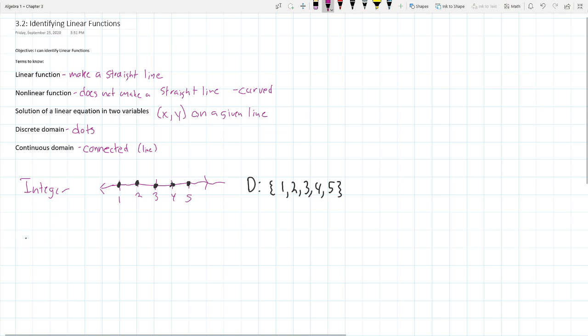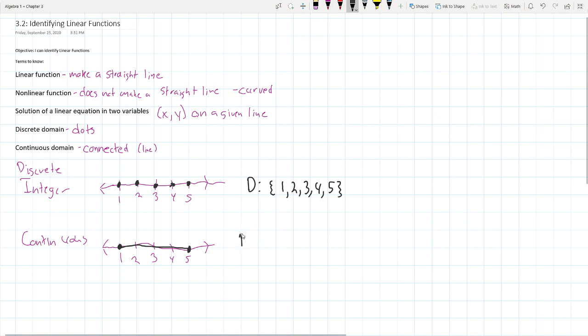The next one that we have is a continuous domain, and this was a discrete. A continuous domain is something like all numbers from 1 to 5. If I have that same graph, and I go 5, 4, 3, 2, 1, and I do my little tags up here, all numbers from 1 to 5, I start at 1, a filled in dot you'll notice, and I'm going all the way to 5 with another filled in or closed dot.